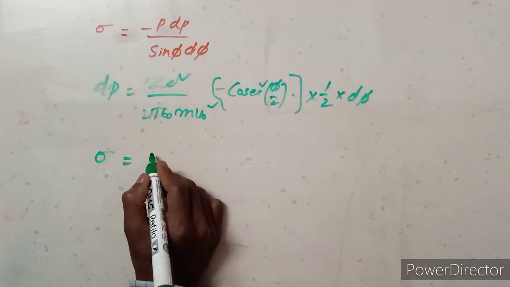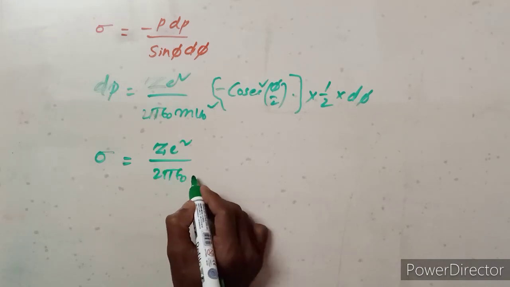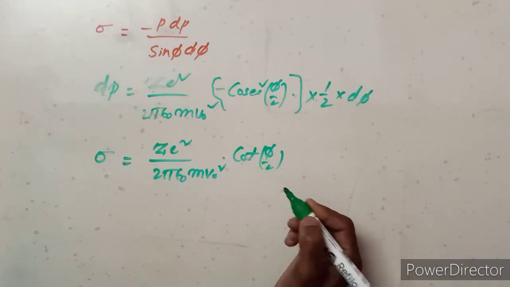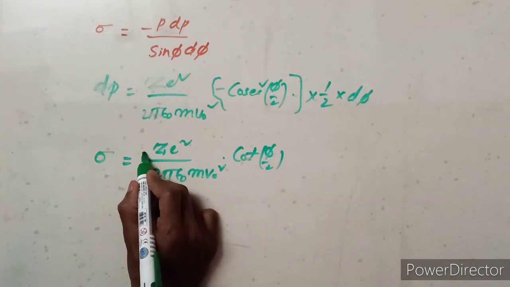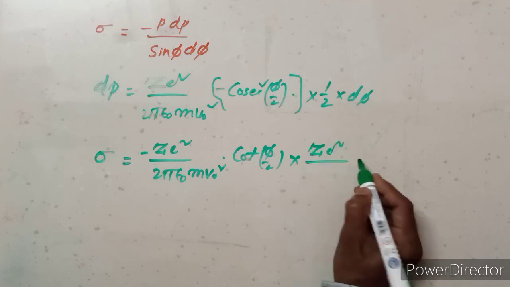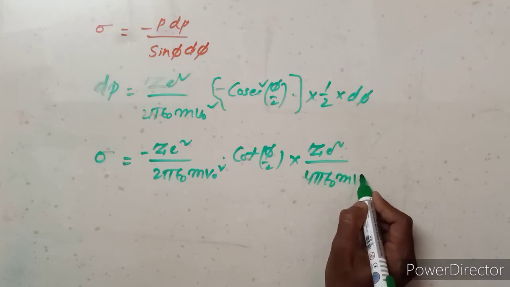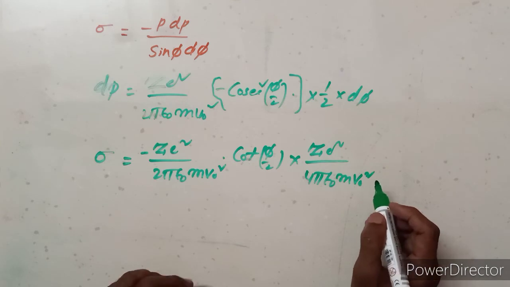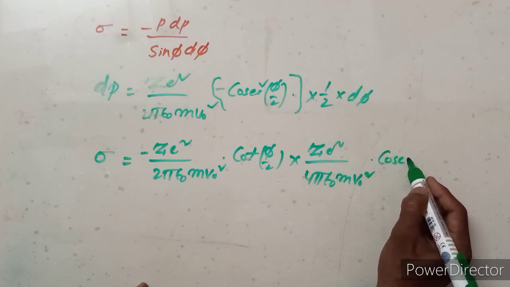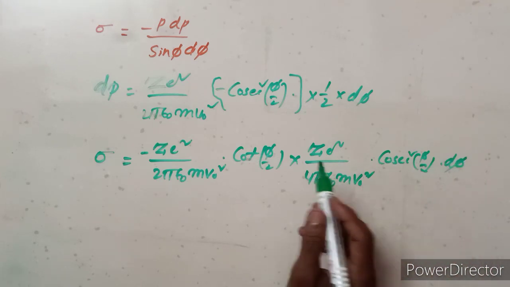Sigma equals P, which is Ze square upon 2 pi epsilon naught m v naught square cot phi by 2, here minus, into Ze square upon 2 pi epsilon naught m v naught square, remaining cosec square phi by 2 d phi.